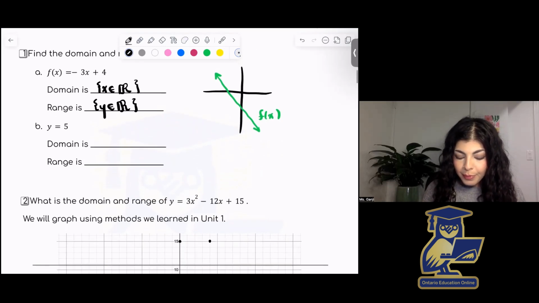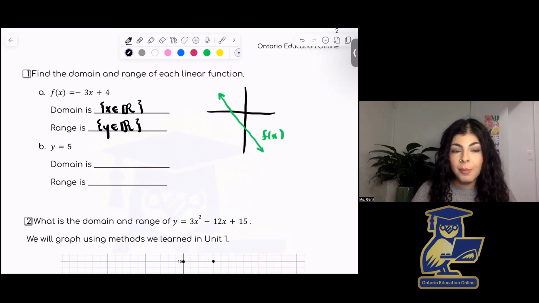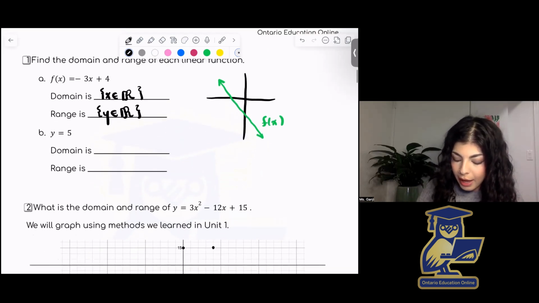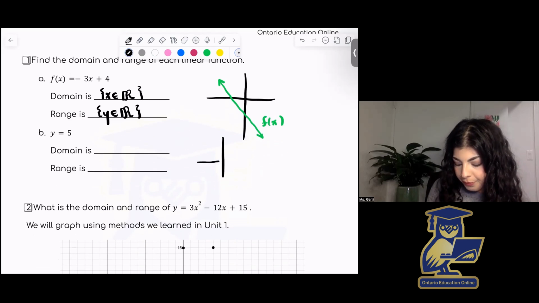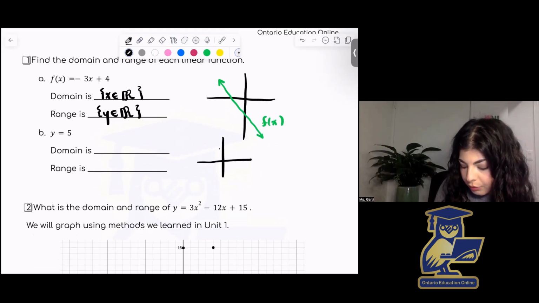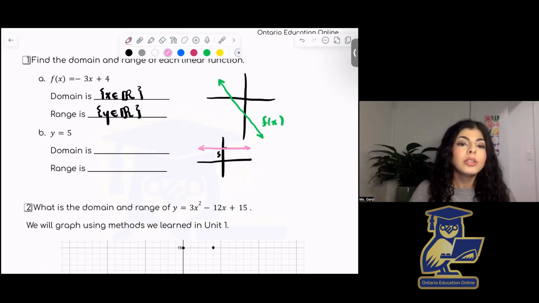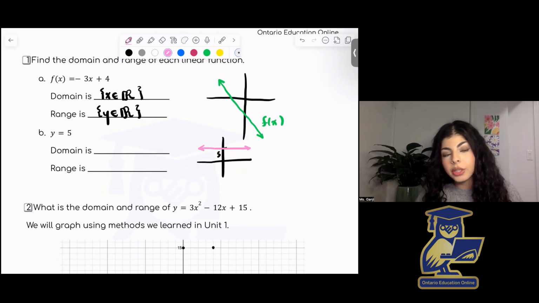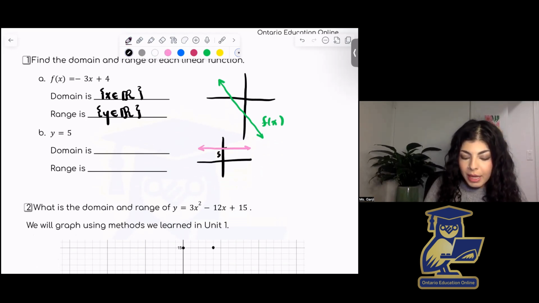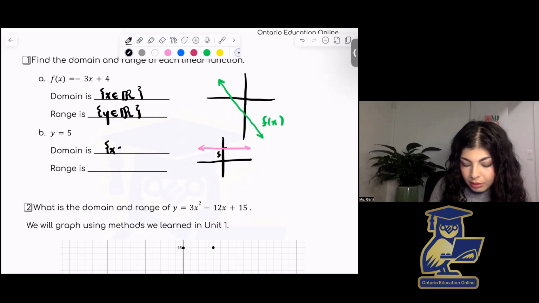Now, the only exception will come when we have linear functions that are horizontal or vertical lines. So let's take a look now. We have our first one, which is y equals 5. So if I have 5 here, I would have a straight line going like this. So in this example here as well, the domain could be all real numbers, right?